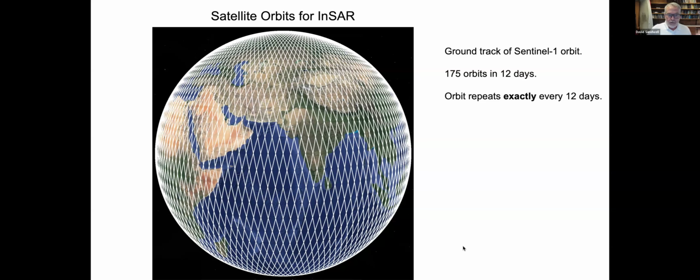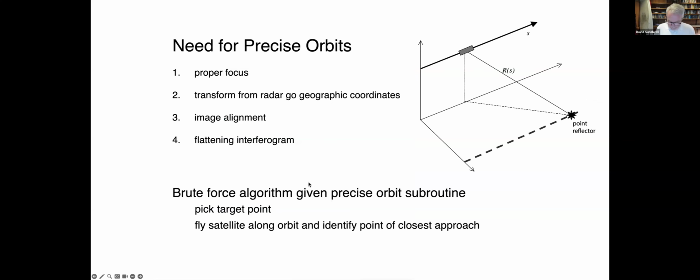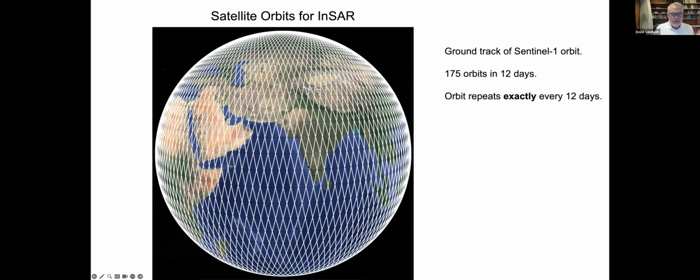So the ascending track goes from southeast to northwest, and the descending track goes from northeast to southwest, and the Earth is spinning, of course, in a prograde direction. So the orbit's opposite of the Earth rotation, and that's done for a purpose, to have the right precession of the orbit plane. We won't get into that.